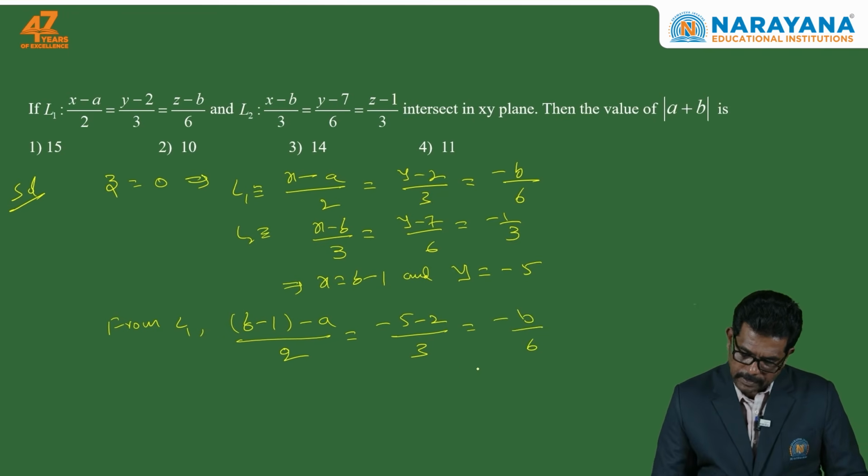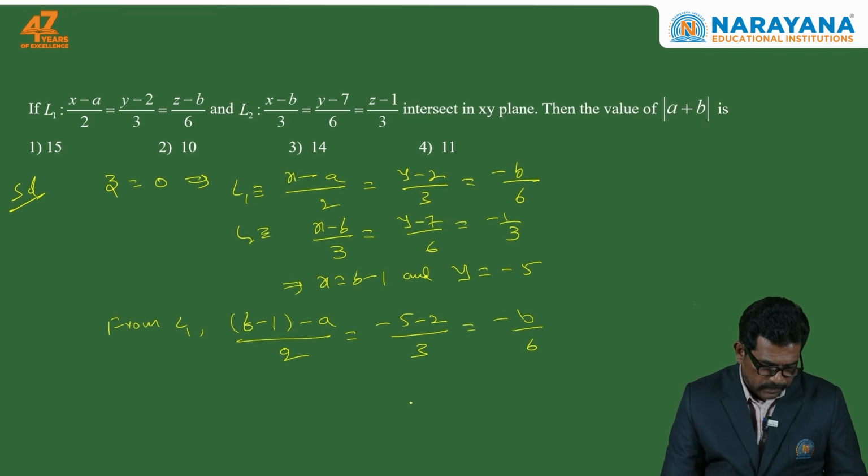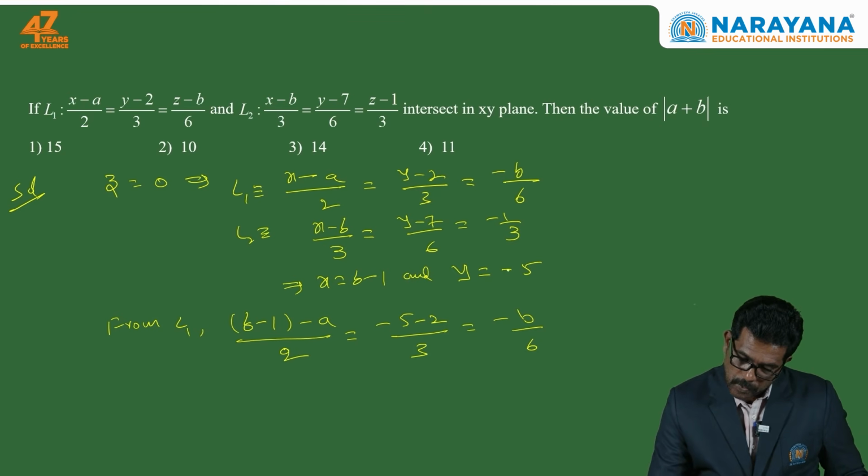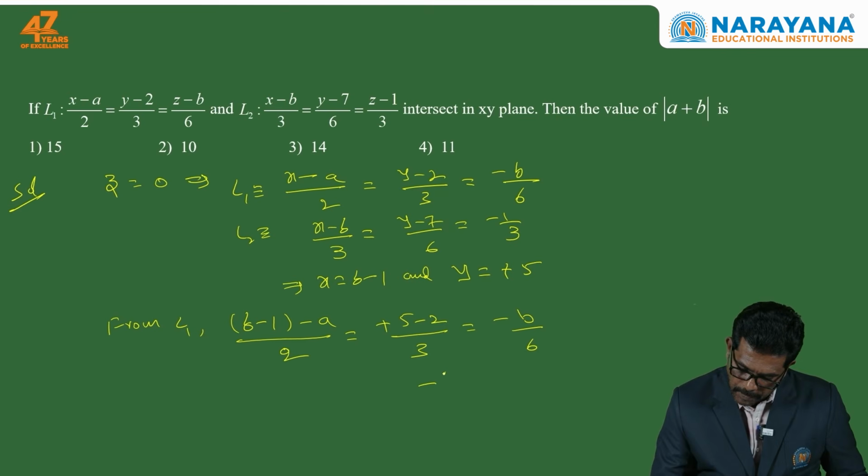Now from this we get the b value as well as a value by solving. Observe here y is equal to plus 5, so minus b by 6 is equal to 1. It implies b is equal to minus 6.